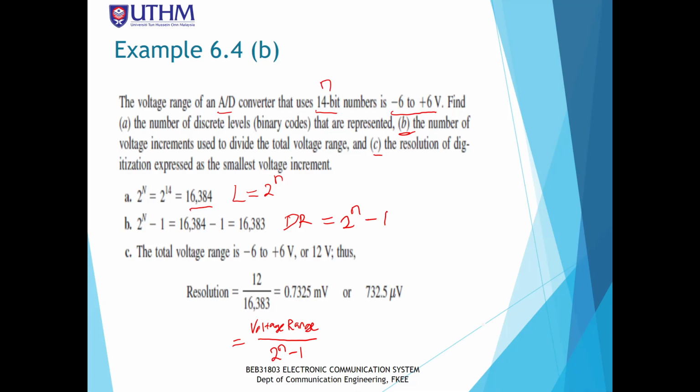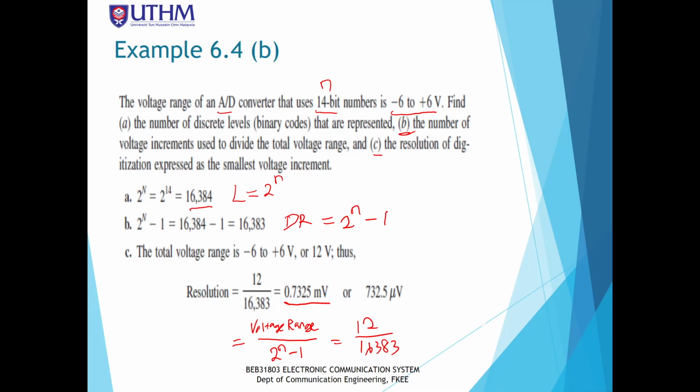So from here we get 12 divided by the dynamic range that we get, 16,383. You will get 0.7325 millivolt. Very small.